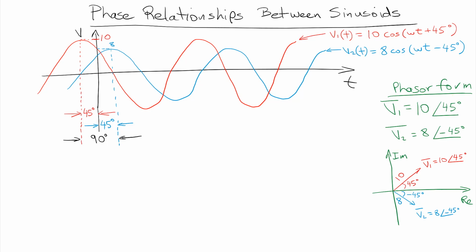And then we do the same for V2, where we have 8 coming down to 8, and minus 45 coming down to minus 45.